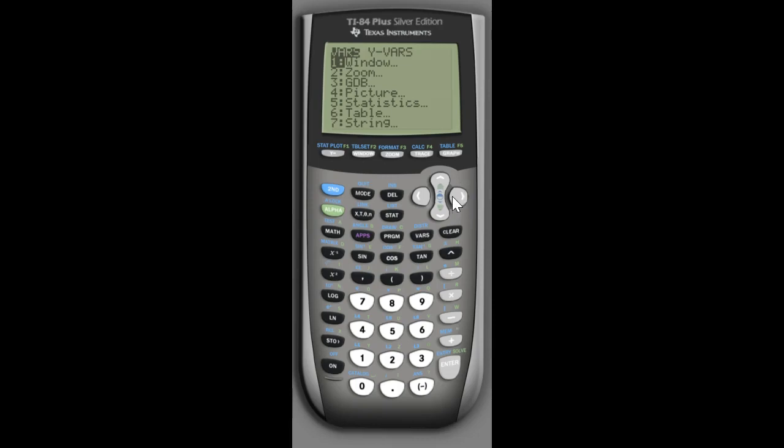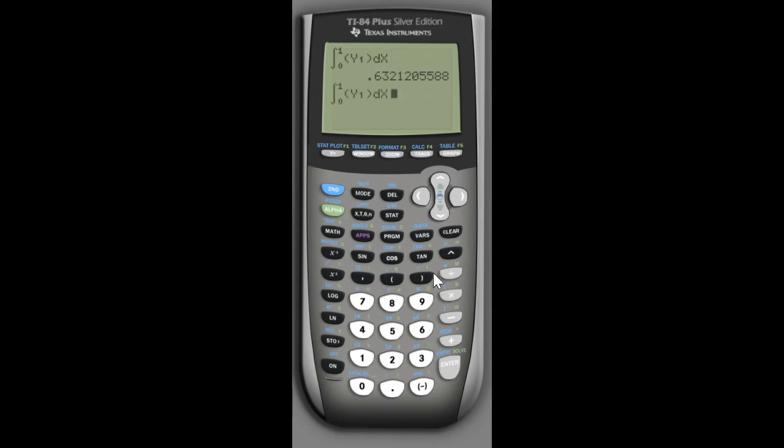I'm going to go to vars, and say do this on y1, which is where I stored that function, and say x, and I hit enter, and boom, there's my probability: 63.2% that if I picked a person at random, their last meal would have been between 0 and 1 hours ago.